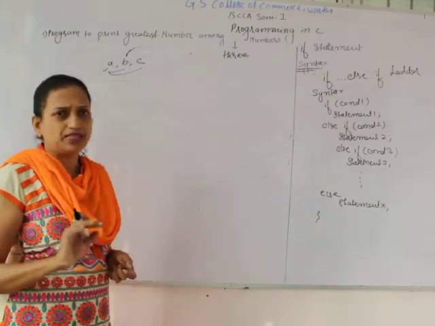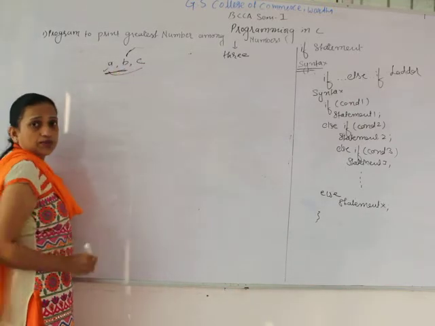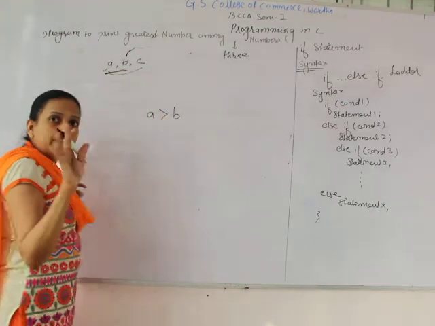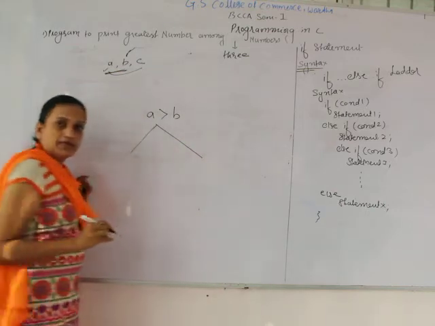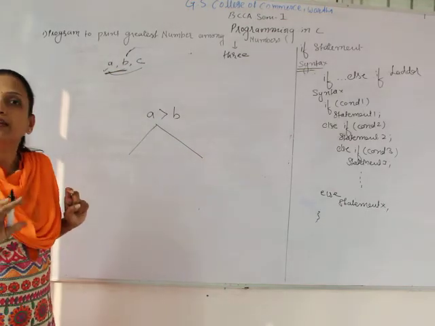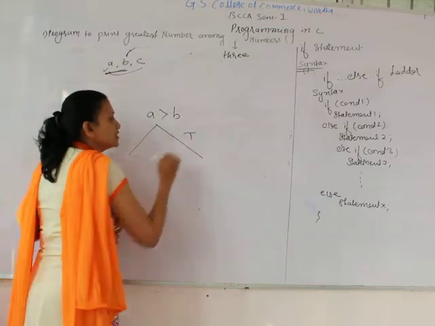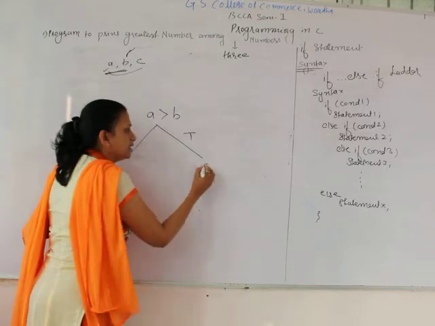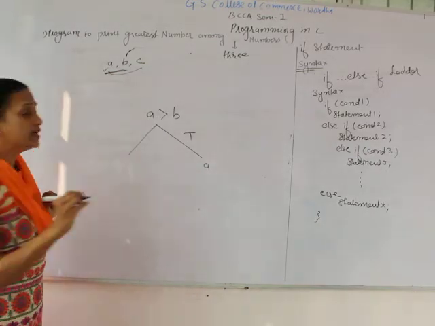It's very simple. See, first you need to compare these two numbers, means if A is greater than B. So there are two possibilities. As I told you, this condition is either true or false. If this condition is true, then who is greater? A is greater. If this condition is false, then who is greater?